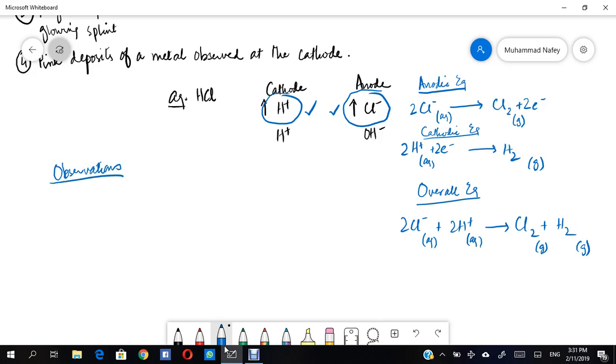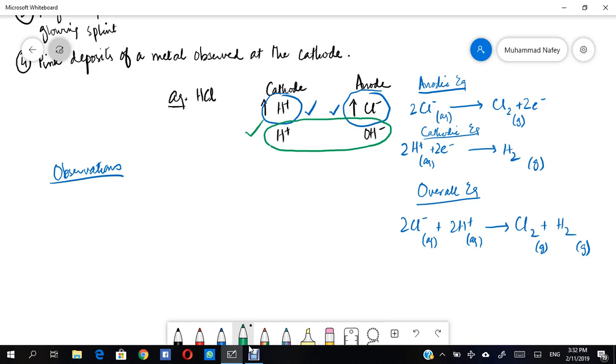Now remember, before we move on to the observations, we must identify which ions remain in solution. And here we can see that these are the ions that remain in solution. Therefore, the first observation is that the solution becomes more dilute. Why? Because H⁺ and OH⁻ is actually water. Therefore, as the electrolysis proceeds, we have a greater proportion of water in the electrolyte.